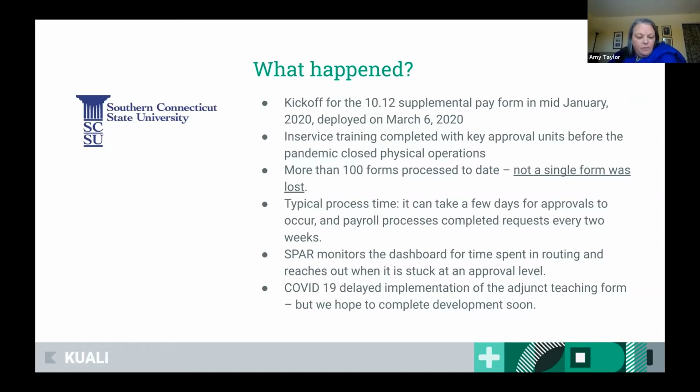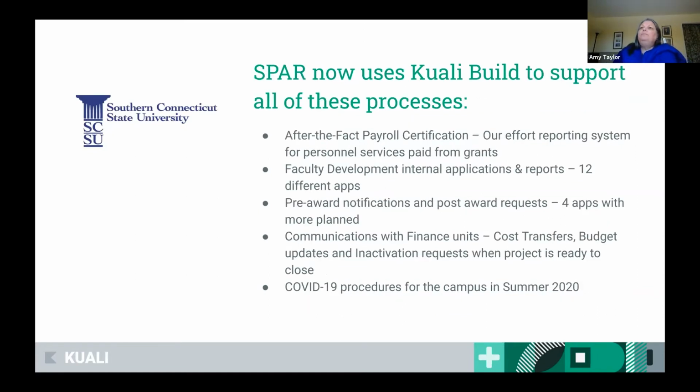So what do we do now? How do we use it now? After that one form, we began our implementation, and we have developed an after-the-fact payroll certification system. This is essentially our effort reporting system for personnel services paid from grants.